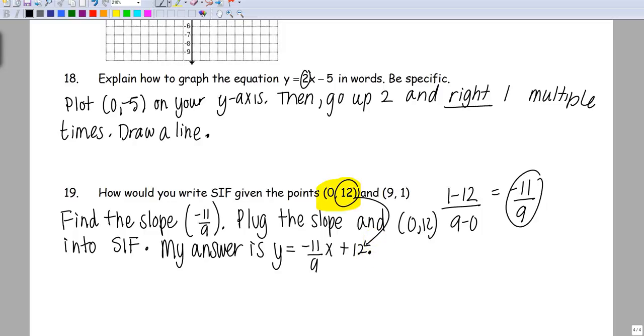Okay. Now, again, if you want to explain how to do point slope form and distribute and solve for y, that's totally fine. That is a completely acceptable way to solve this equation. But if you want to go a little faster, this is probably the way you want to go. So this is the explanation that I'm looking for.